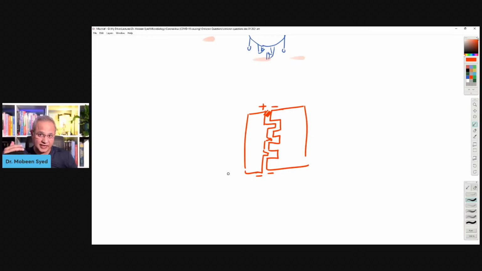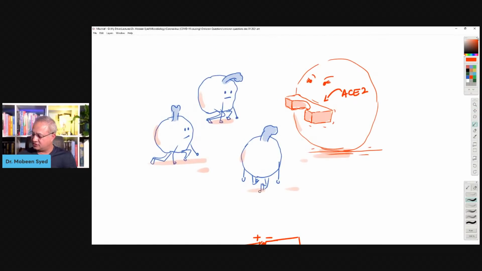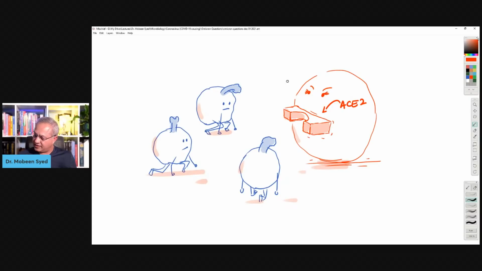Now, if you go back to this situation, imagine there is a cell here with the ACE2 receptor. That ACE2 receptor can be bound by, let's say, virus variant A, B, and C. They're all present in a large quantity, and they're all trying to bind with this one.